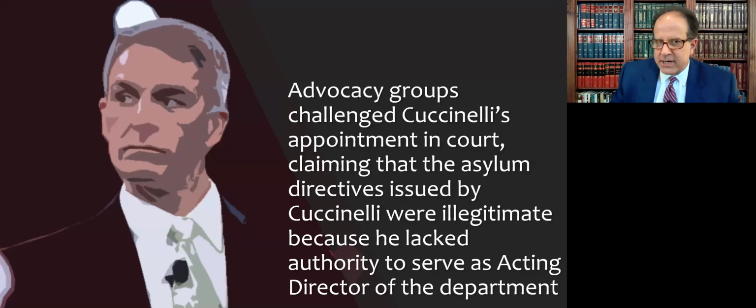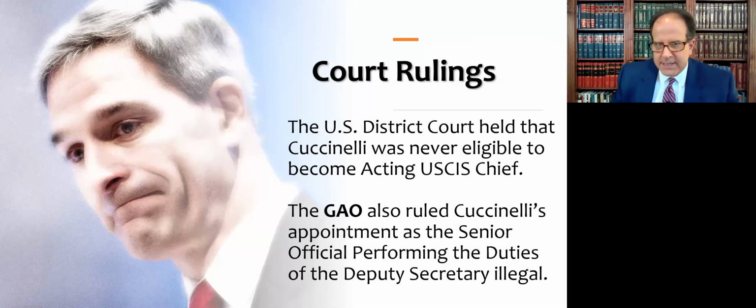And as you might imagine, immigration advocacy groups challenged Cuccinelli's appointment in court, claiming that his asylum directives were illegitimate or shouldn't have the force of law because he lacked authority to serve as acting director of the department. And a U.S. District Court held that Cuccinelli was never eligible to become the acting immigration chief.